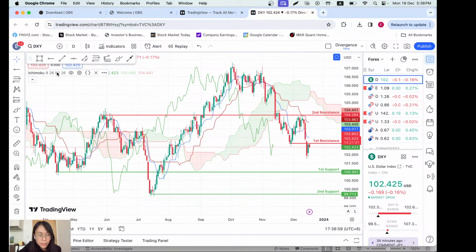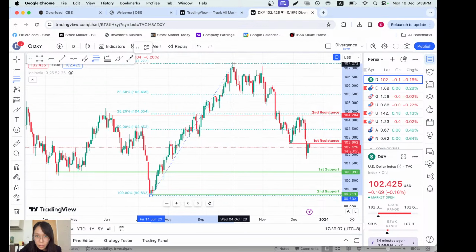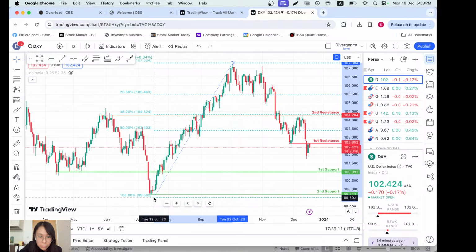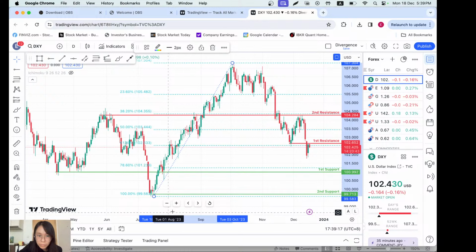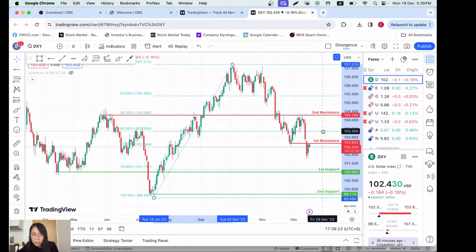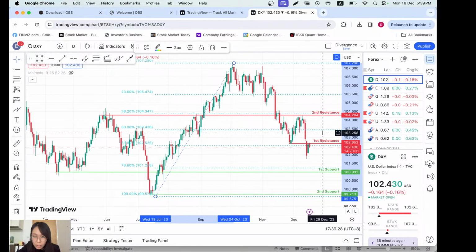I'm going to see if there's any retracement area. Sorry, give me a second while I adjust.